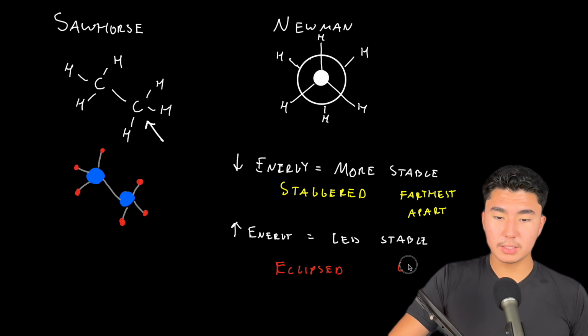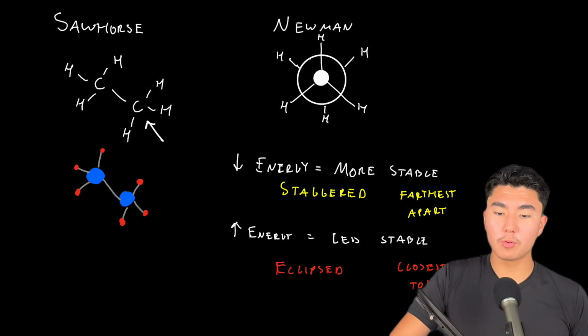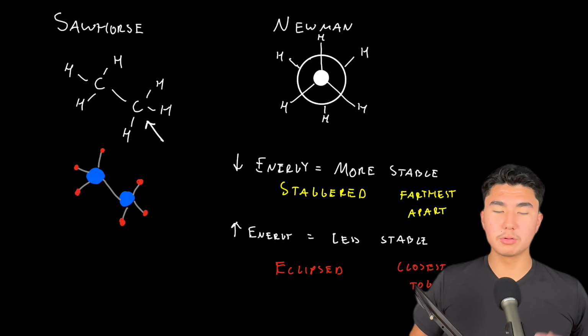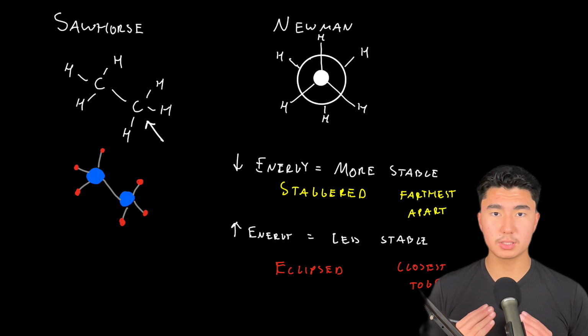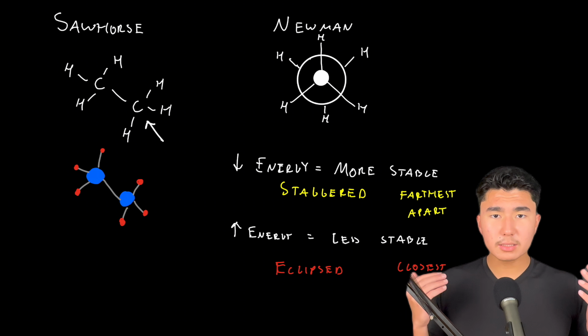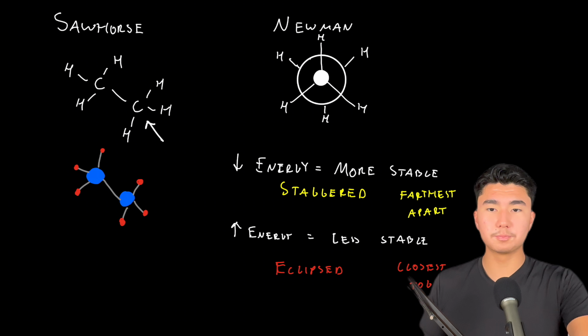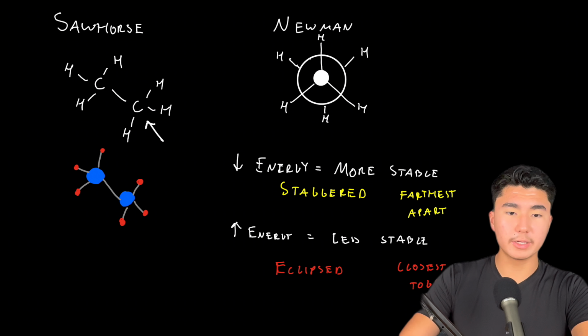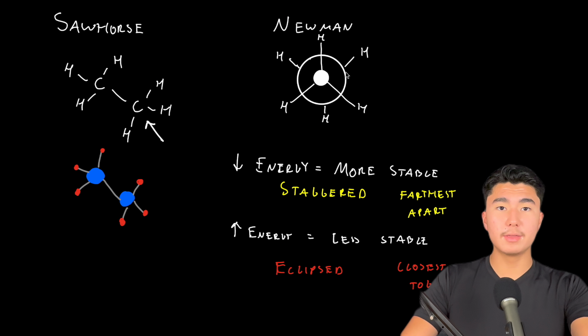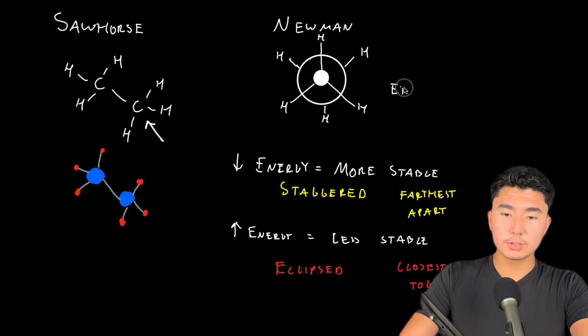So I'll write this over here, closest together. And just like before, hopefully you understand that what I mean by closest together is those CH bonds being closest together. So what does an eclipse conformation look like? We already drew our staggered over here, and just if you're curious, this is ethane, because we have two carbons.